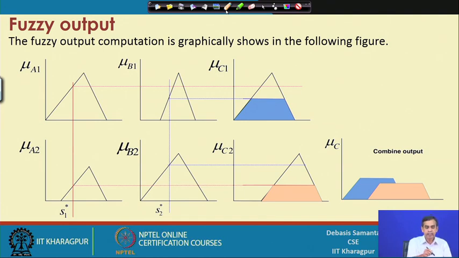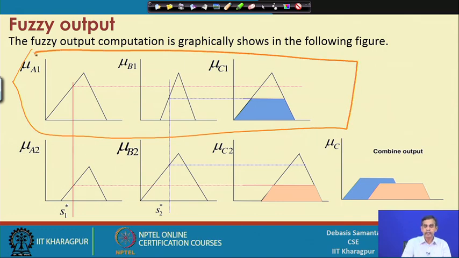Now, suppose this is rule 1, and this is the graphical representation of rule 1. It says that if mu a1 for an input is in this fuzzy state, and mu b1 for the other input is in this fuzzy state, then this is the output fuzzy state.